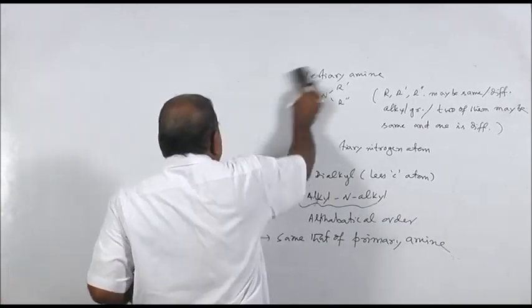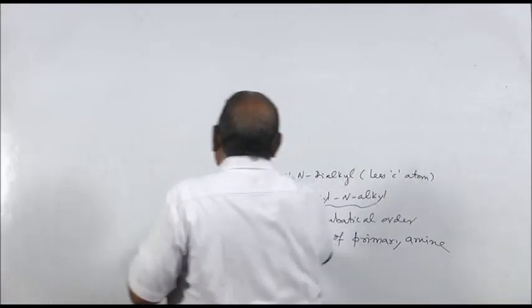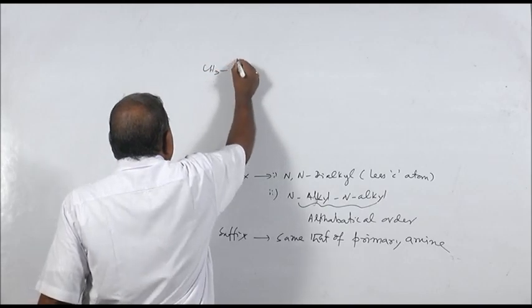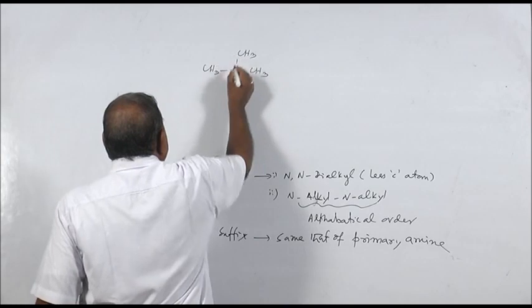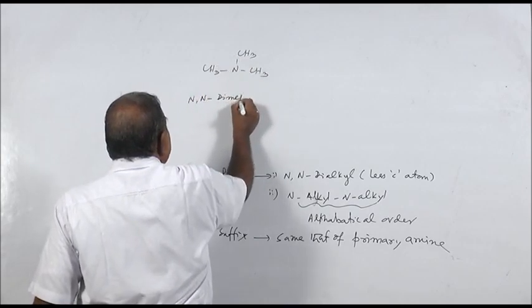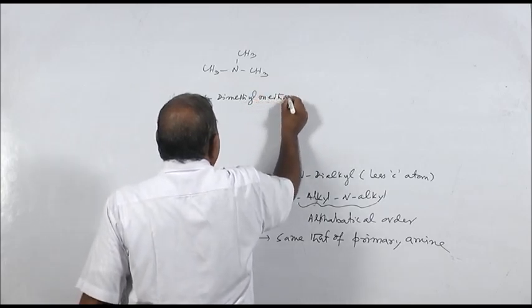Since I am rubbing out the last one, I am giving you a few examples. Say all the alkyl groups are the same. So these 2 I will take as N,N-dimethylmethanamine.